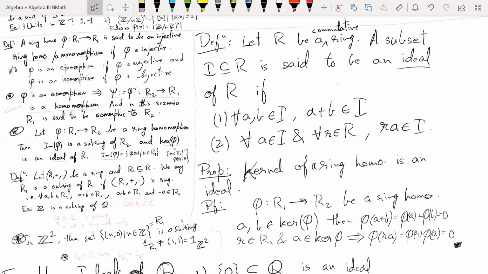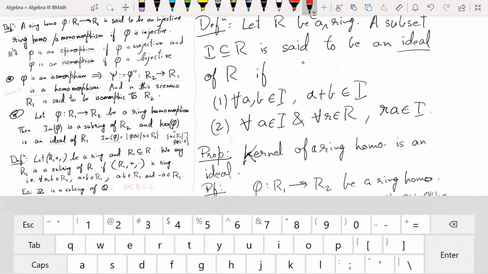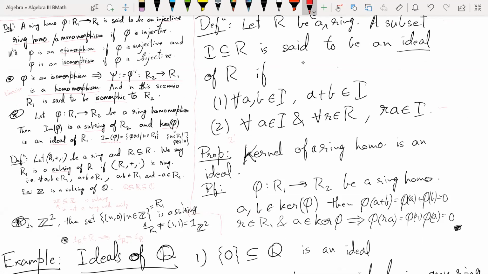This notion you can define for non-commutative rings as well, but then one has several notions. The first axiom is the same, and if you put the second axiom, it will be called a left ideal. And I'll put this in brackets so that you understand: this is 2 prime. If it is not commutative, then this will be a left ideal.